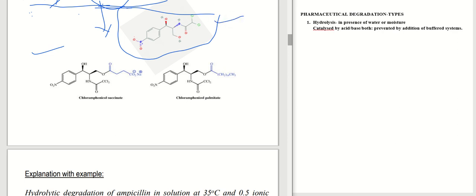It has chlorine atoms, when we see the molecular structure. Now this actually undergoes hydrolytic degradation, and it is this moiety, this portion of the molecule, that shows activity.